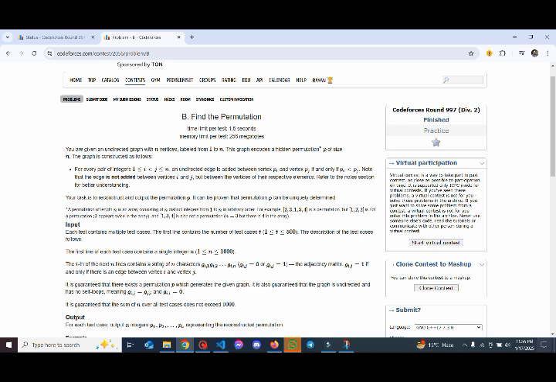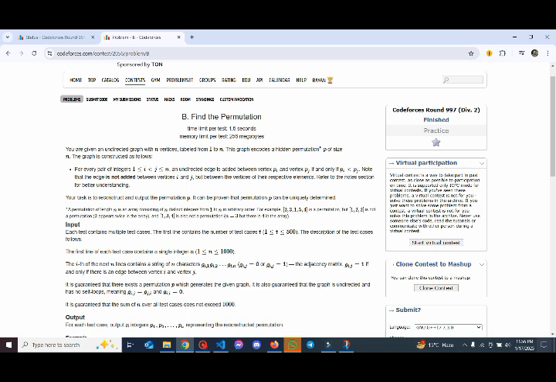The graph is encoded as an adjacency matrix G. G of i,j equal to 1 indicates there is an edge between vertex p of i and vertex p of j. If G of i,j is equal to 0, no edge exists between those vertices.